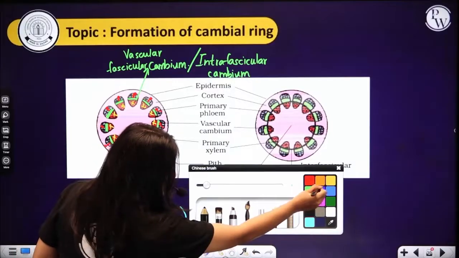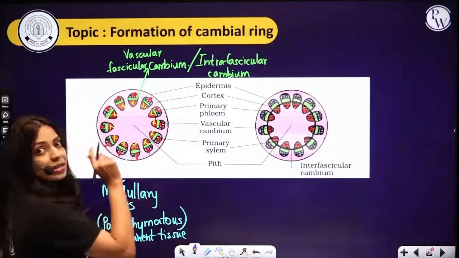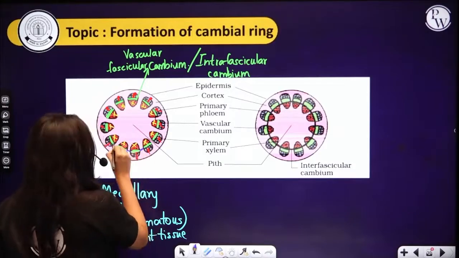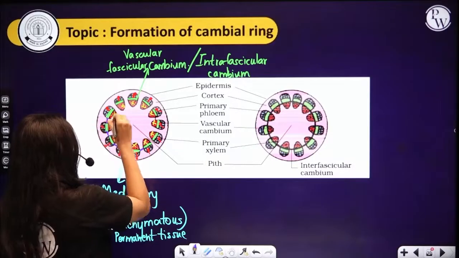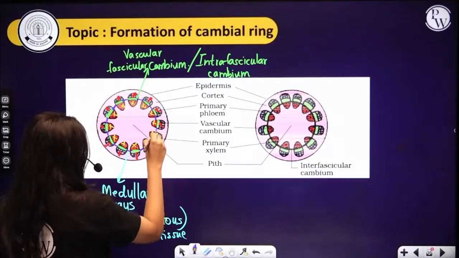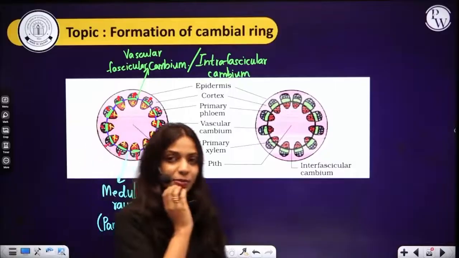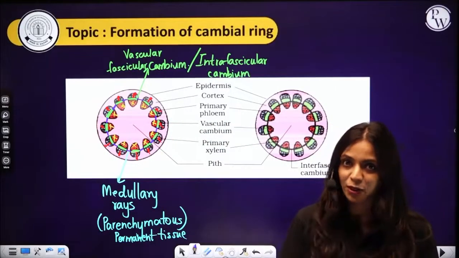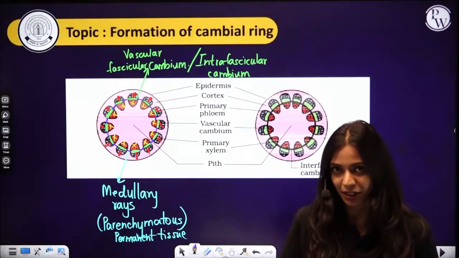Now, some of these cells of the medullary rays adjoining the cambium or at the level of the cambium will become de-differentiated. Remember what the difference between meristematic and permanent tissues is? Meristematic tissues have the ability to divide. Permanent tissues do not have the ability to divide.